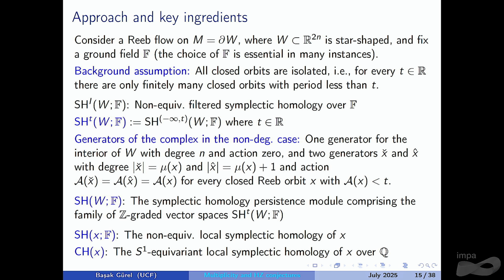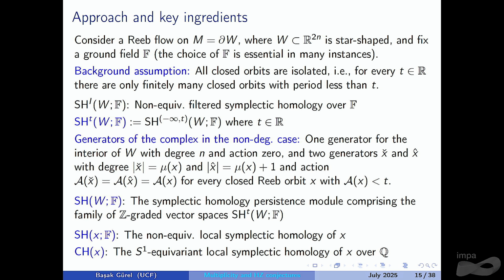This is just to ensure that we have the relevant persistence homology all good, but it's a totally expository assumption here. This denotes the filtered symplectic homology groups. This is an action interval, and you will see this T in the talk from this point on. This refers to this filtered homology.